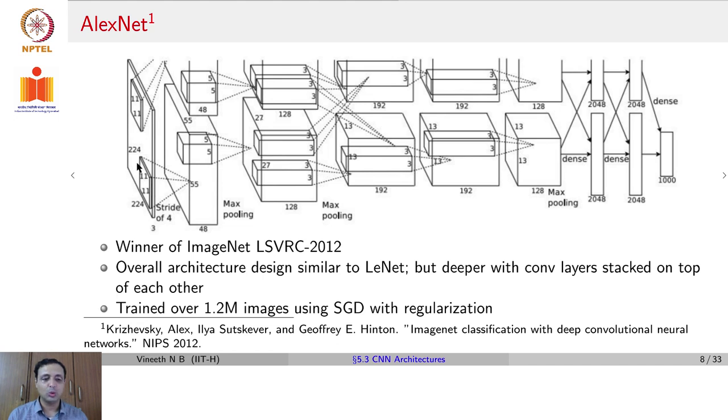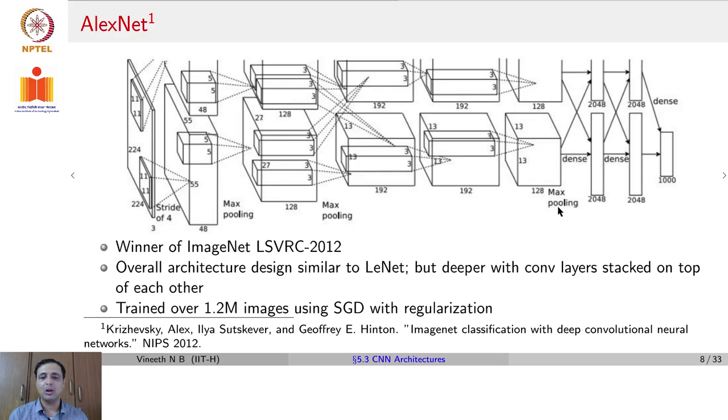And the filter size was 11 cross 11, of course a depth of 3, which follows in all of these scenarios. And with a stride of 4, this led to a 55 cross 55 output. Totally 96 filters were chosen, of which 48 filters went to one of the processing units, and the remaining 55 cross 55 cross 48 went to another processing unit. We'll try to describe this in more detail over the next few slides.